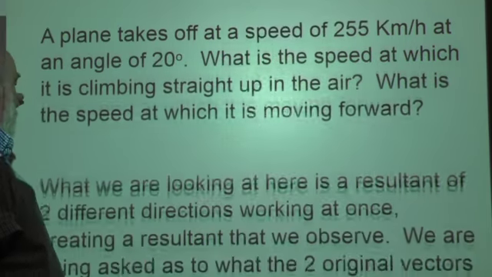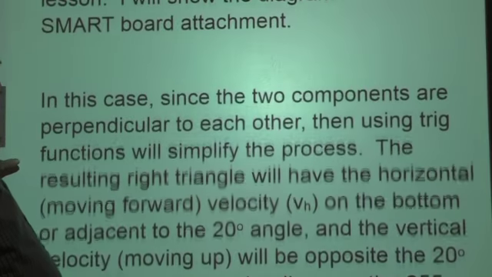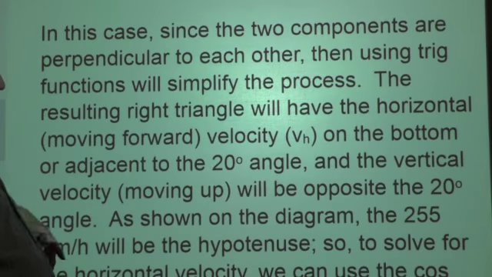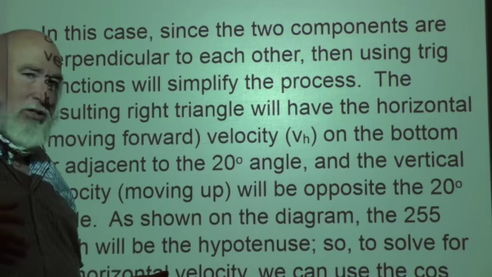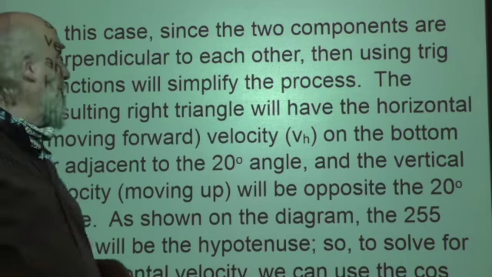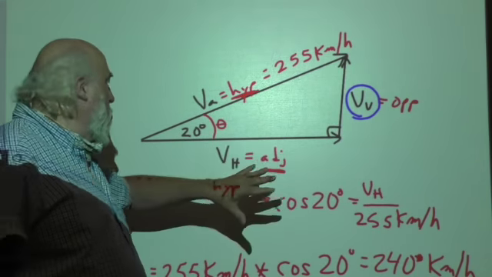So what we're going to do is look at those two diagrams from a trigonometric point of view. Since the two components are perpendicular to each other, this is going to be pretty simple compared to some of the work that we did before. So if we look at this right here, this is what we got going on.